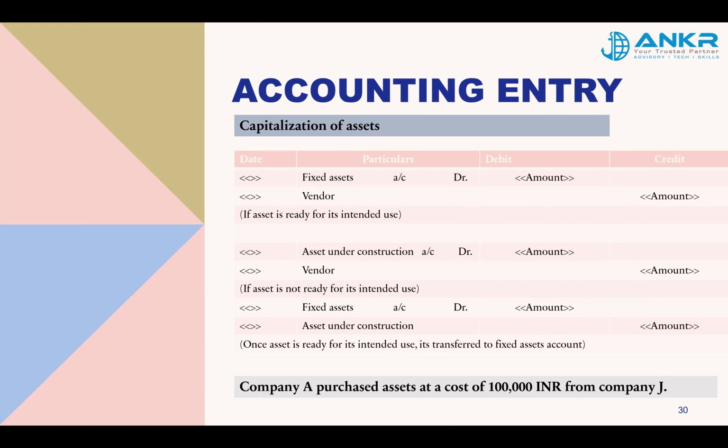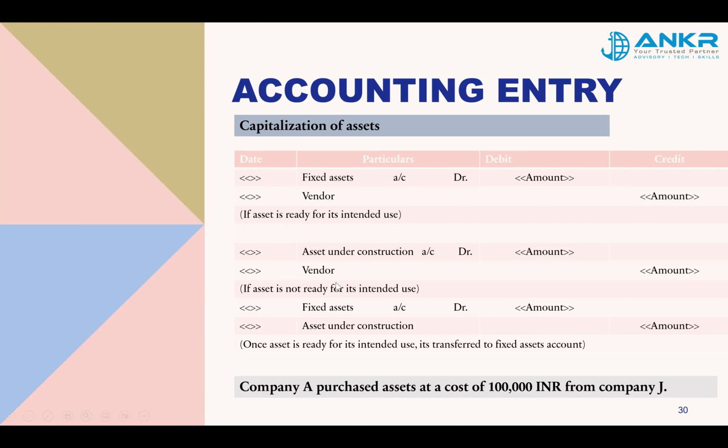So whatever amount you are incurring over this 2-3 years, in a very systematic manner, you will put it under asset under construction account to vendor account, because you will keep on paying the vendor. And when the asset is ready for its intended use, you will transfer the asset under construction account balance to the fixed asset account.